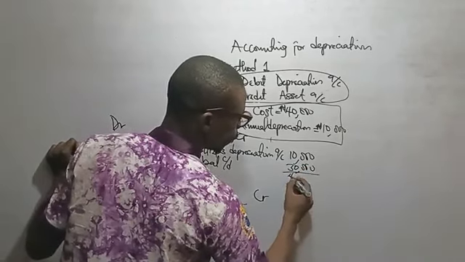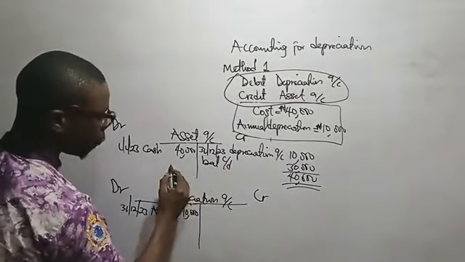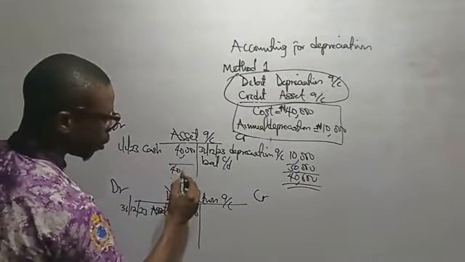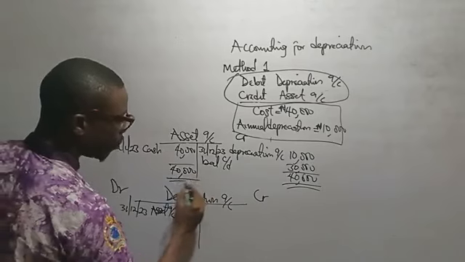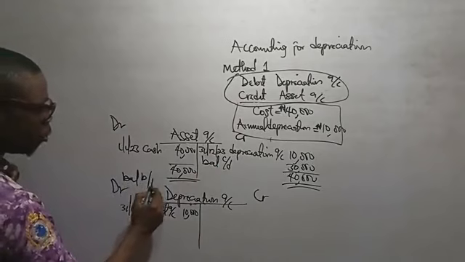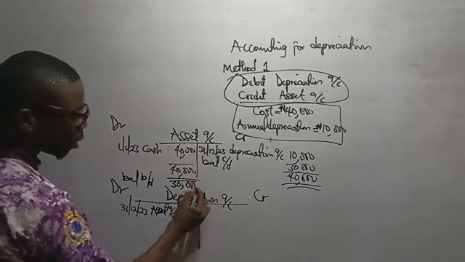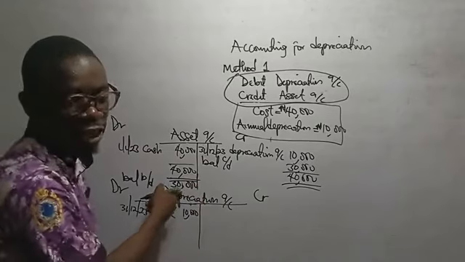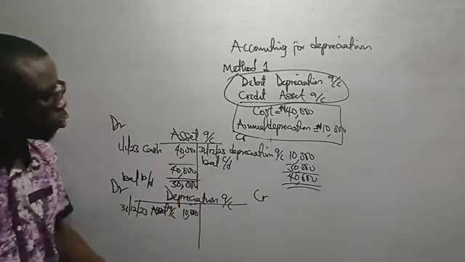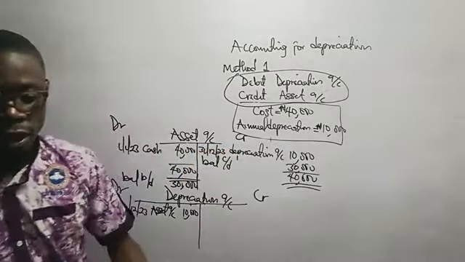So this one will be 40,000, and this one will be 40,000. That means automatically the balance brought down will be 30,000. That's the value of the asset now. The asset has depreciated. That's the essence of crediting the asset account.